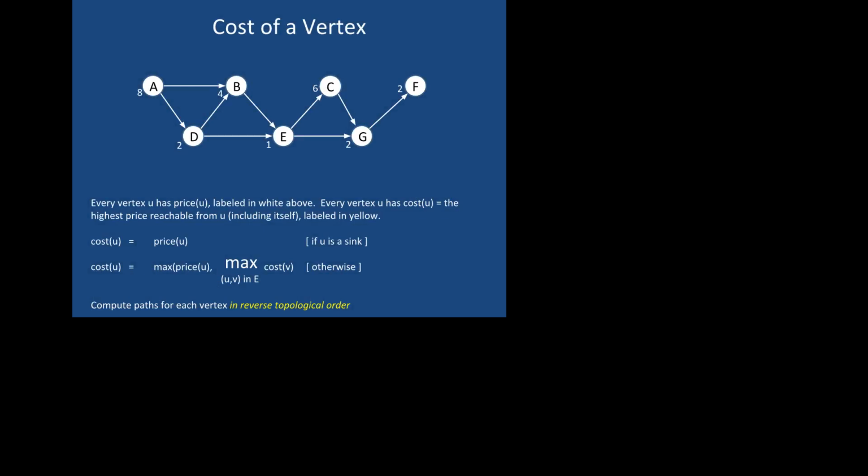Okay. So we had this deal where we wanted to compute the cost of the vertex. Every vertex has a price, which is labeled in white. And we want to compute the cost, which I'm going to label in yellow. And remember, what was the cost of a vertex? Like, what is the cost of F? Yeah?